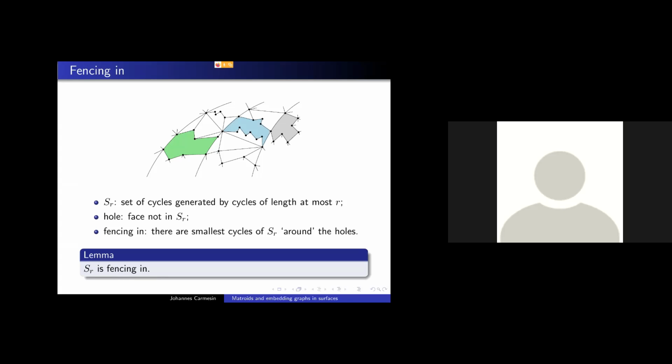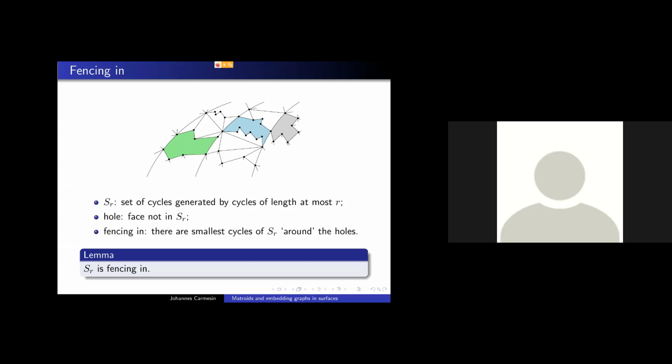Right, and how does fencing in help you to build the quotient? If you have one of these smallest cycles, there's a set of holes inside. And these holes will be vertices in the dual graph of the embedding. How we build this quotient is to identify, for every smallest cycle, all the holes on the inside.